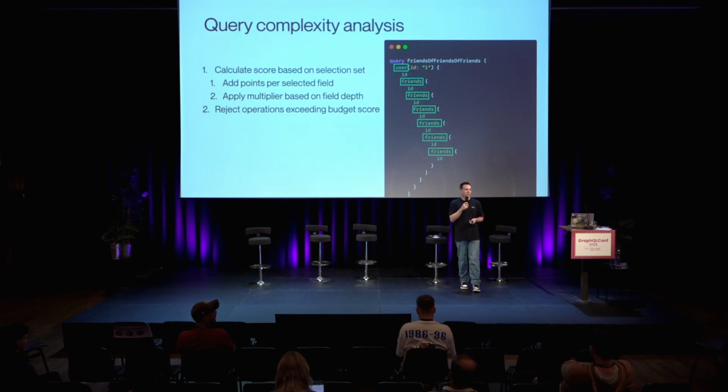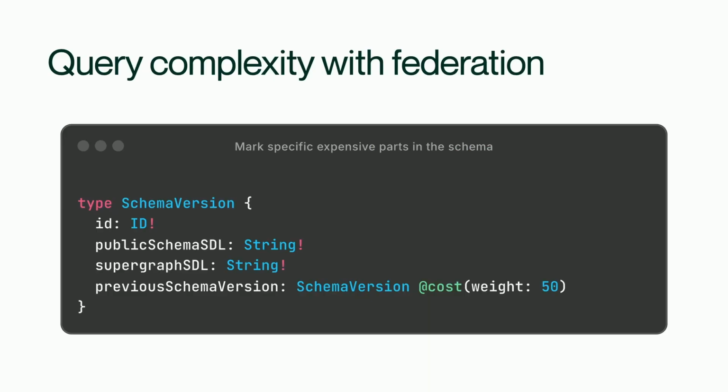And if that score exceeds the budget that we defined statically on the server, we just reject it from being executed. And the cool thing is with federation, you can even annotate your GraphQL schema and say, hey, this field is very, very expensive. So GraphQL operations that try to query this field recursively will be rejected faster or something like that.